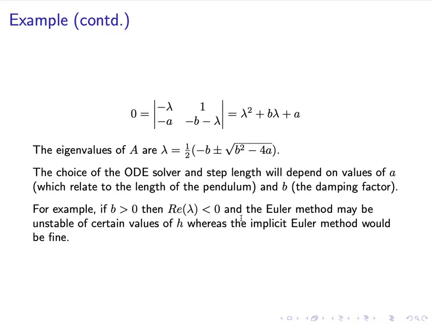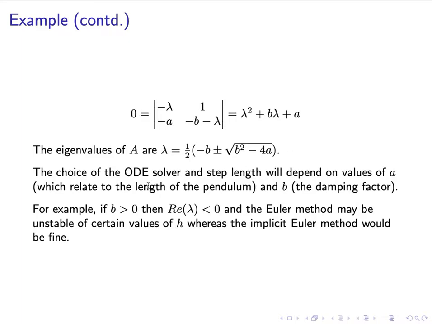So if we take the eigenvalues of our coefficient matrix, we subtract lambda times the identity matrix, and what we're doing is we're looking for the values of lambda which satisfy this equation where the determinant is equal to 0. This gives us a quadratic, and we can calculate the eigenvalues as the roots of this quadratic.